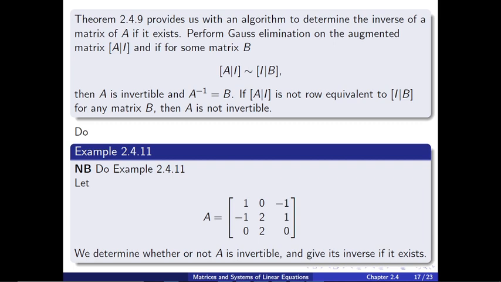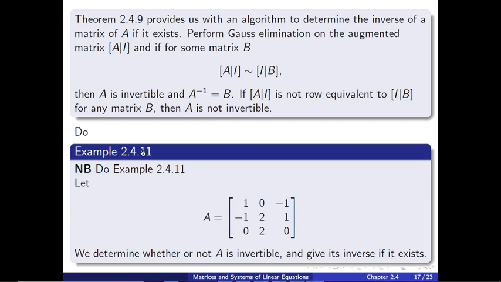We found an algorithm in theorem 2.4.9, and so we are going to look at some examples to see how we can use the algorithm. So the first example is, so here it's supposed to say do example 2.4.10. Right. So you are supposed to do 2.4.10.